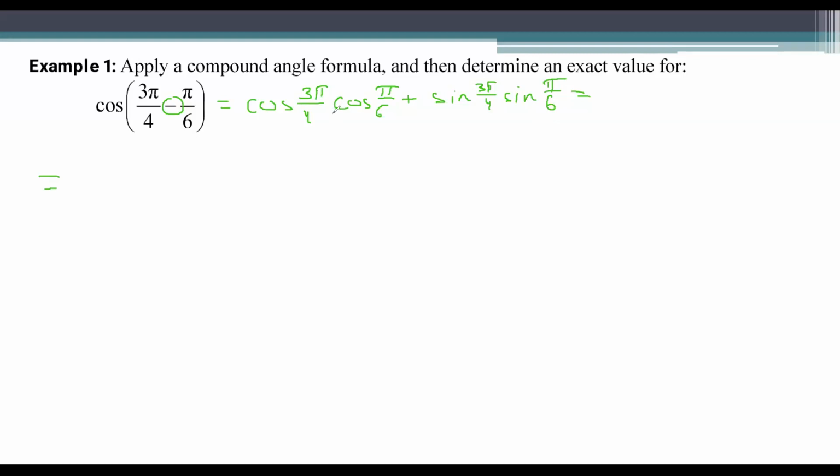How can we evaluate it, guys? So pi over 6 is 30 degrees. And 3 pi over 4, how many degrees is that?